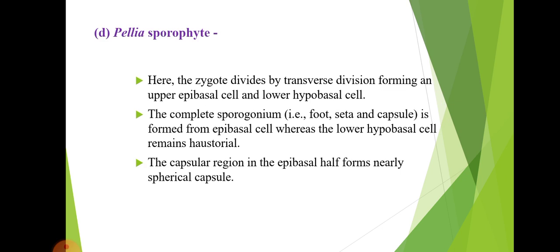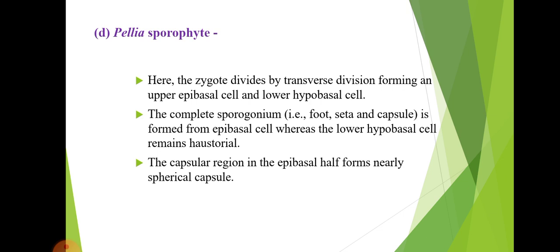And then, if you see the Riccia sporophyte, here the zygote divides by transverse division, forming an upper epibasal cell and a lower hypobasal cell.